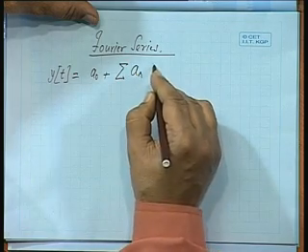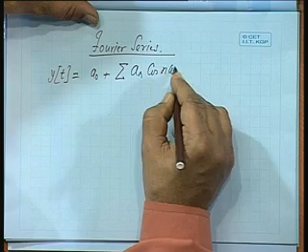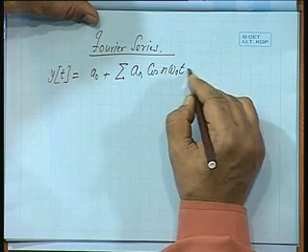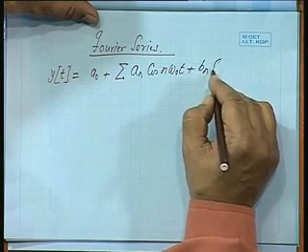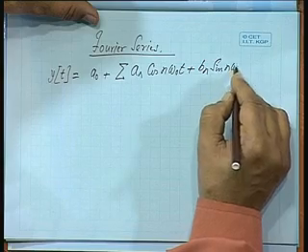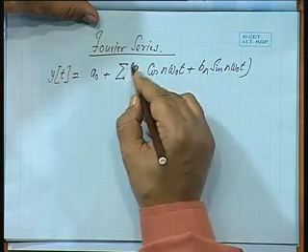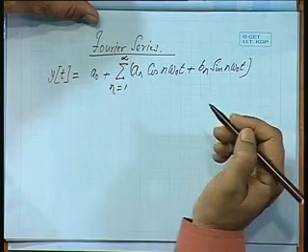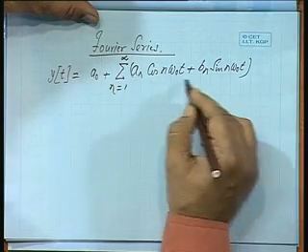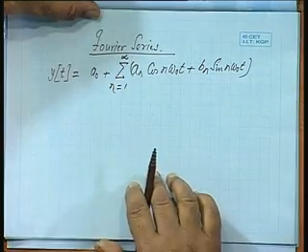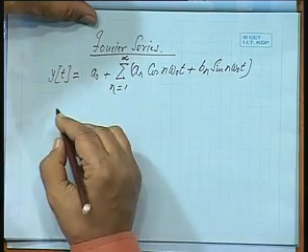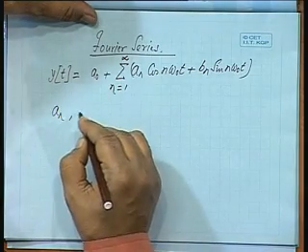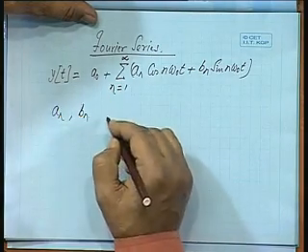So, we wrote y(t) as a0 plus summation of an cos(n omega naught t) plus bn sin(n omega naught t), where n varies from 1 to infinity.